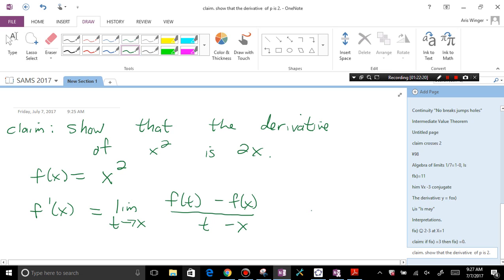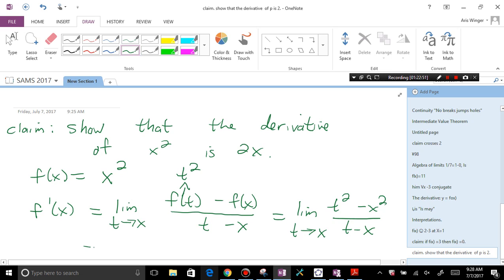So what this is going to require us to do is some symbolic stuff, but that's okay. It means that we're going to factor just like we factored before, but we're going to use x instead. What's f of t? T squared. So I'm going to do this in one line. T squared minus x squared all over t minus x. Perfect.